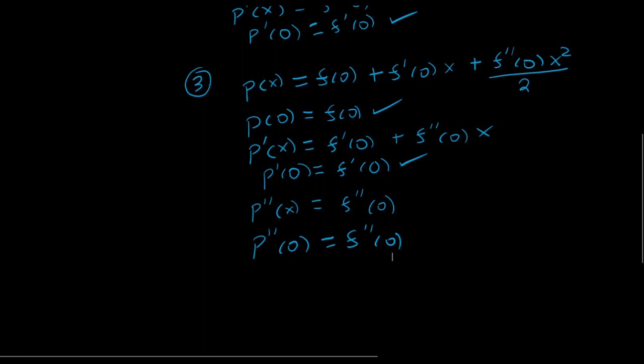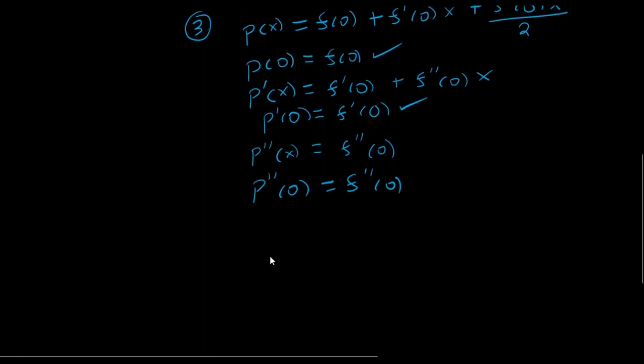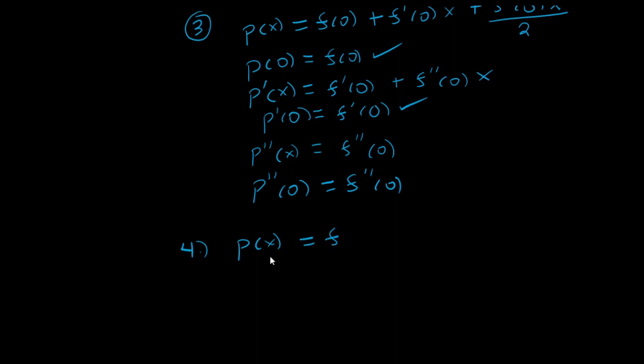So, nakikita nyo yung pattern, no? So, try natin sa third derivative. P of x. Kanina, constant, tumama tayo. F prime of x, tumama pa rin tayo sa first derivative.